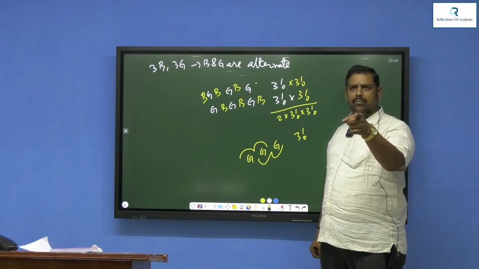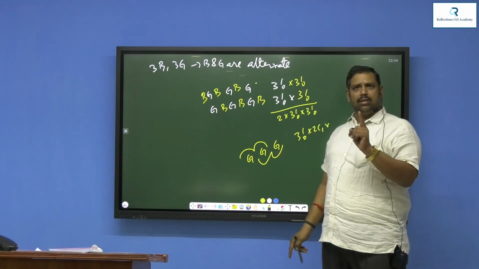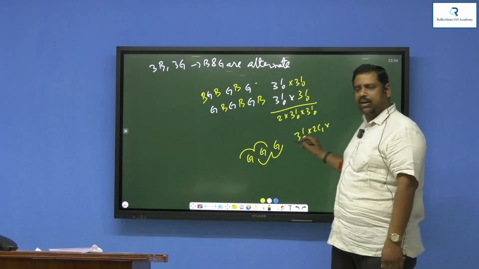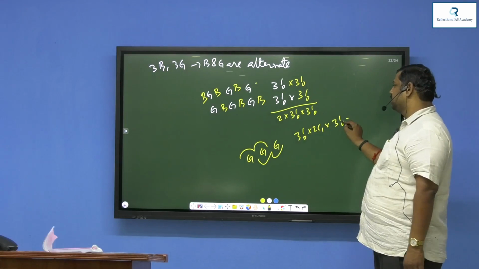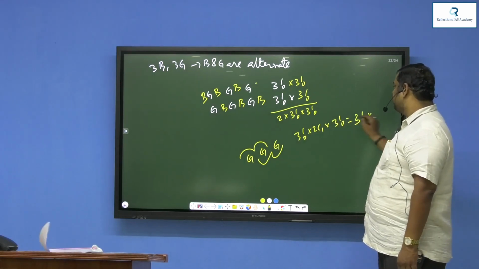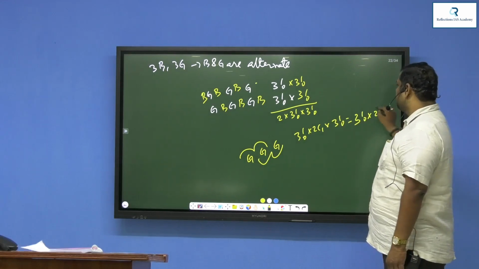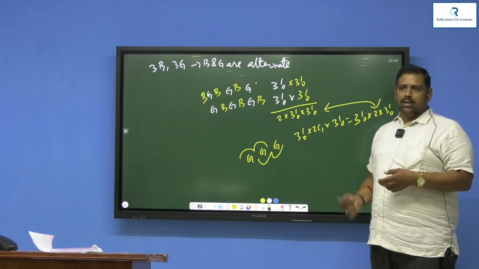You have to select any one. That can be done in 2C1 ways. And now, one selected, I will complete it. That means 3 factorial ways. So the answer is 3 factorial, 6 into 6. Or else, 3 factorial I am writing as is, 2C1 means 2 into 3 factorial. Now verify whether both are the same or different. Same. Got it? This is another way.